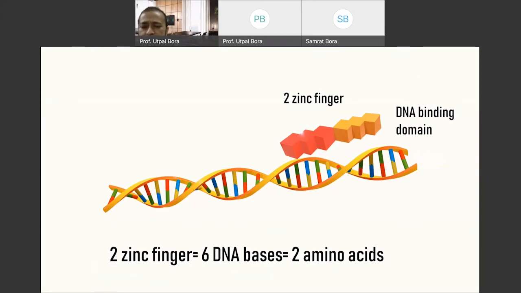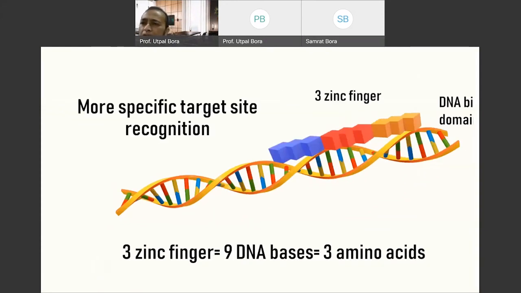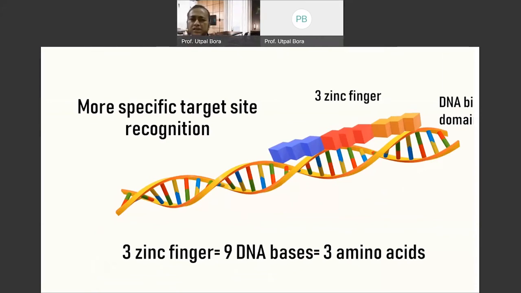So two zinc fingers recognize 6 DNA bases. Then 3 zinc fingers will recognize 9 DNA bases. So this is more specific target site recognition.